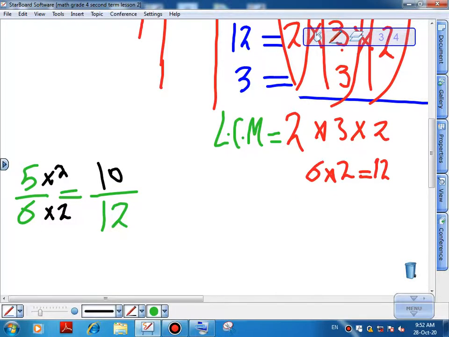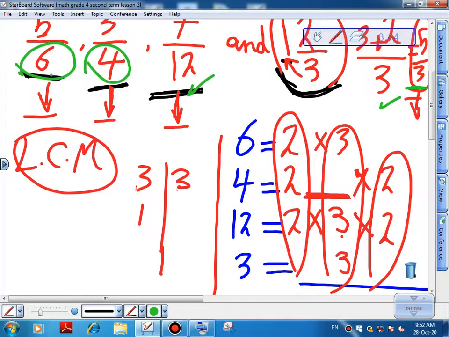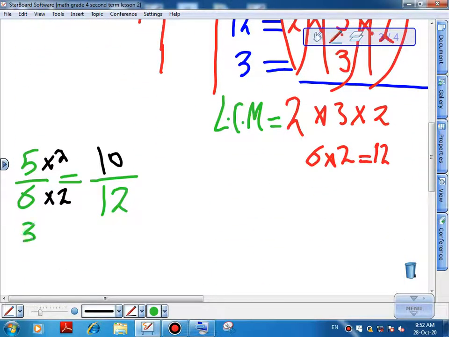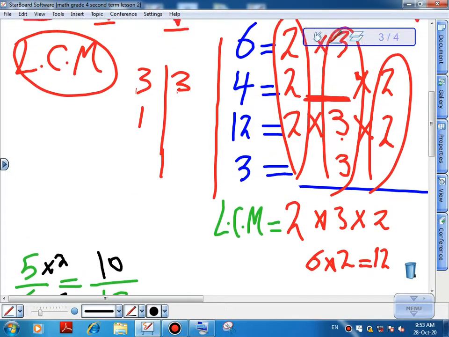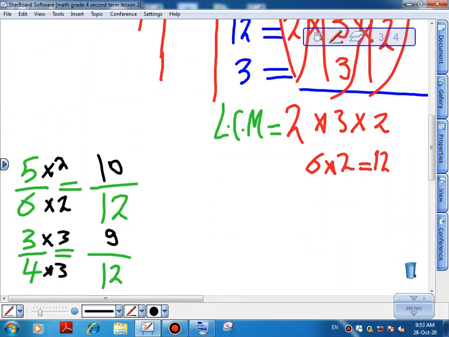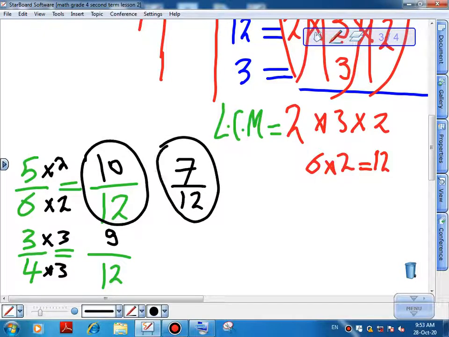And the next one, 3 over 4. 3 over 4 to have the denominator 12, we multiply both of the denominator and numerator by 3. 3 times 3 equal to 9. 3 times 4 equal to 12. And we have 7 over 12. We have the same denominator. 7 over 12.